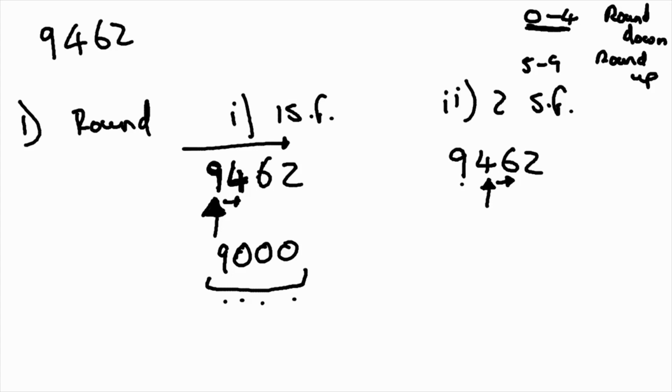A 6 falls into our 5 to 9 bracket, so it makes it round up. So the 4 is going to round up to a 5. And then we put the zeros in afterwards as placeholders. Now our answer has 2 significant figures, the 9 and the 5, and then it's followed by zeros.